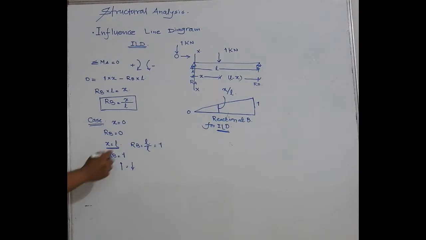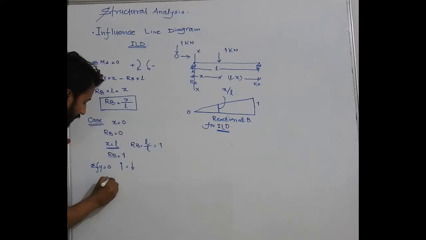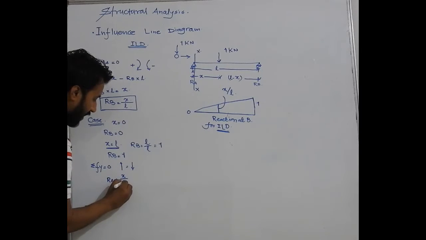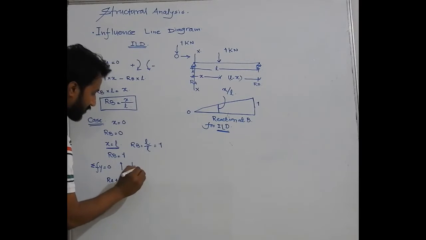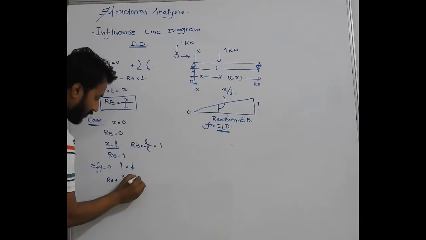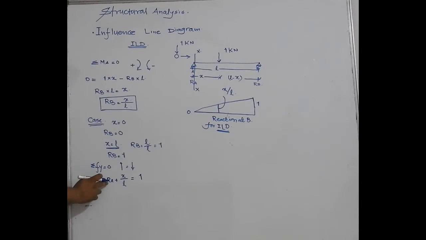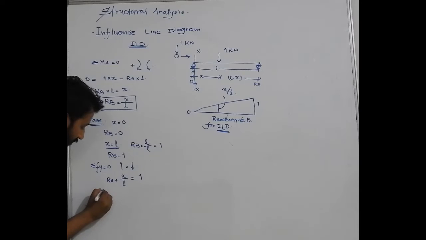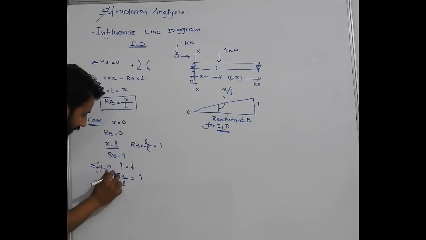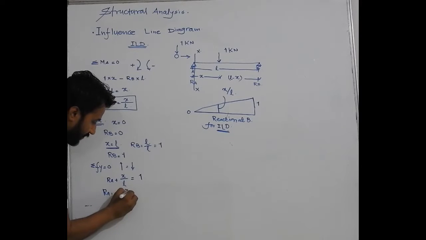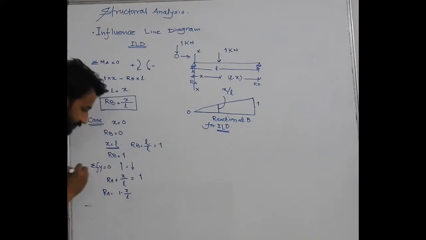So we take RA, that is the upward force, plus the value of RB, x by L, equals this 1 kilonewton load in the downward direction, that is equal to 1. So we take x by L to the other side of the equal sign, and this will be 1 minus x by L.